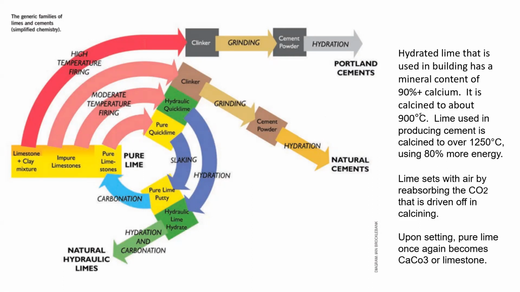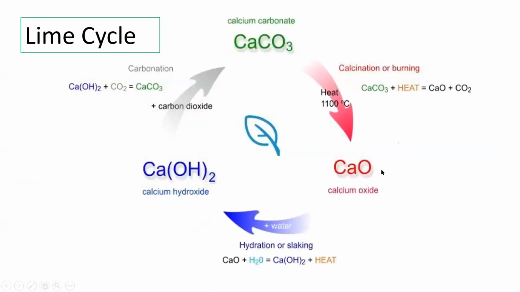But if you're using that same lime as an ingredient in cement, it's an entirely different chemical process, requiring about 80% more energy to calcine that lime along with some impurities, so that you're getting a clinker that can be set with water. Whereas if you look at the center of the slide, pure lime is actually cyclic. It remains viable in a way that is better illustrated by the next slide.